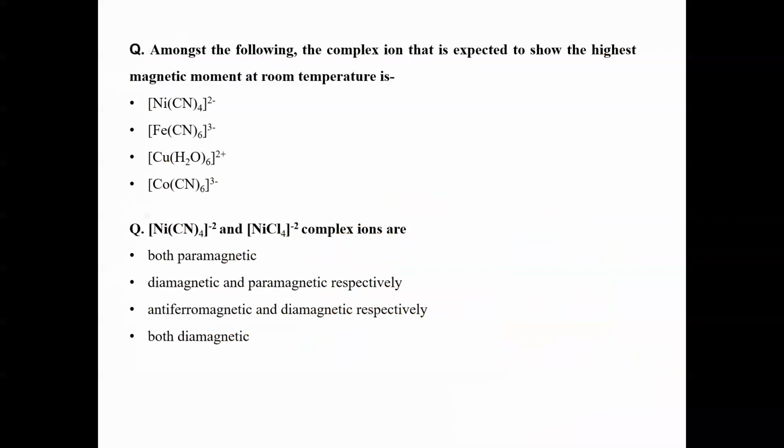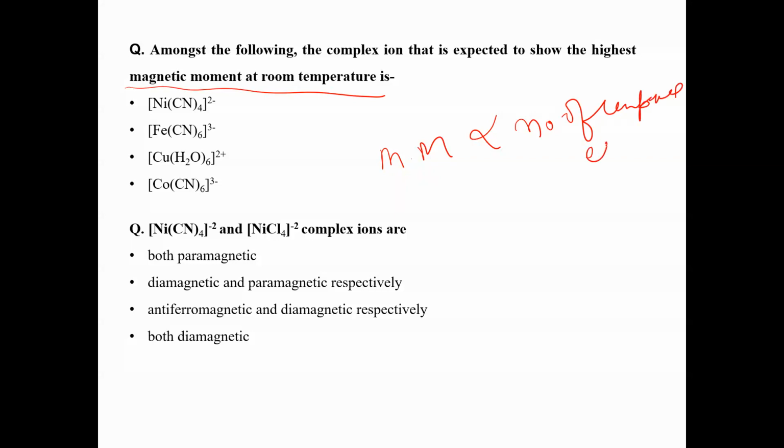The next one: among the following, which complex ion is expected to show the highest magnetic moment at room temperature? Basically, the magnetic moment is directly proportional to the number of unpaired electrons, right?